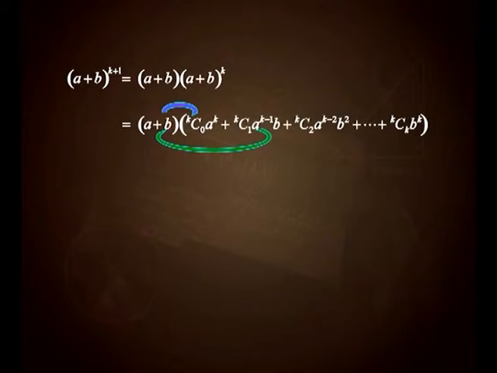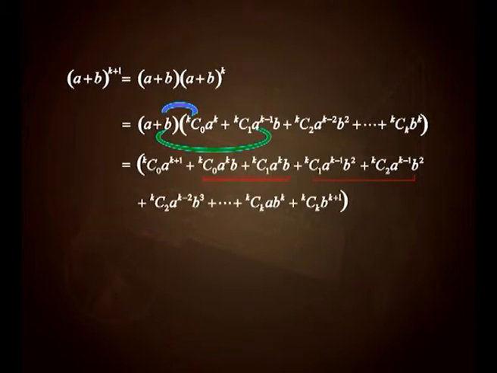We will see in a minute, but keep this fact in mind. Similarly, I will multiply a plus b with the second term and so on. Now, if you start doing that carefully, you will realize that you will get an expansion of the kind kC0 a to the power k plus 1, right. Then when b gets multiplied with the first term, you will have kC0 a to the power k times b.